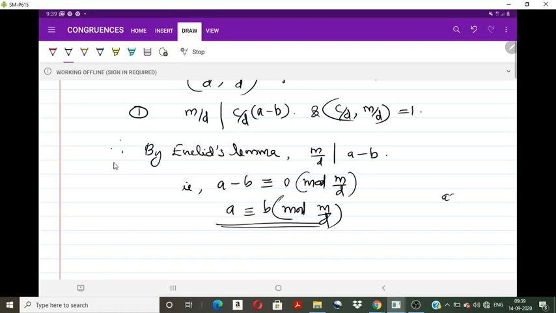So if AC congruent to BC modulo M, then A is congruent to B modulo M by D, where D is the GCD of C comma M. And if D is equal to 1, then we have the theorem 4.6. So we will get the result when D is equal to 1. So this is the generalized theorem.